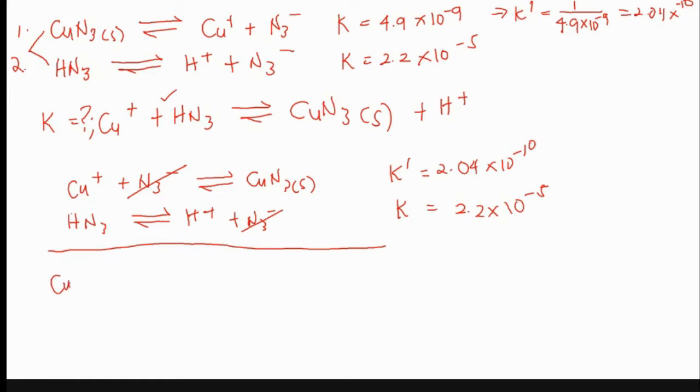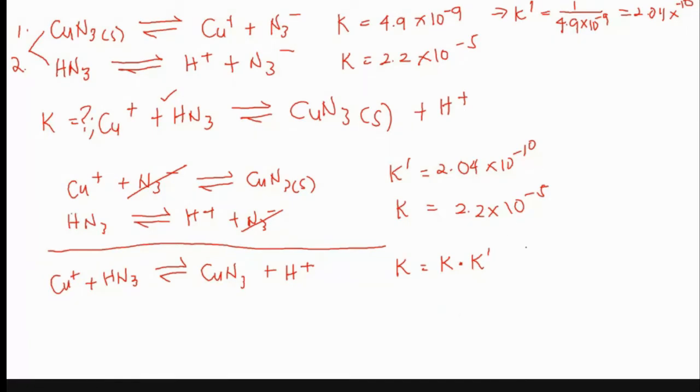So, we have copper plus and then copper nitride plus H plus. Okay? So, para makuha yung K dito, we have K times K prime. Pag-multiply, ang pag-add.